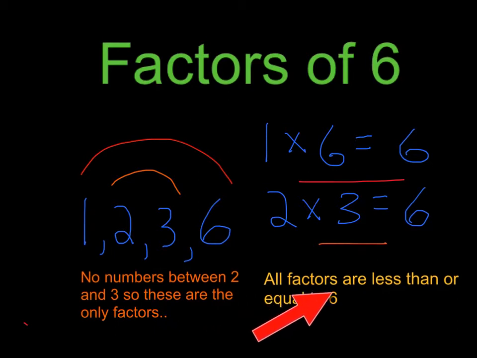And all factors are less than or equal to 6. 1, 6, 2, and 3 are all less than or equal to 6. So 1 times 6 equals 6, and 2 times 3 equals 6. So therefore, 1 and 6 are pairs to equal 6, and 2 and 3 are pairs to equal 6.